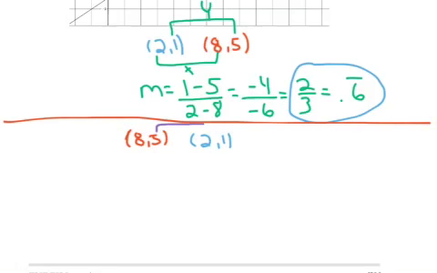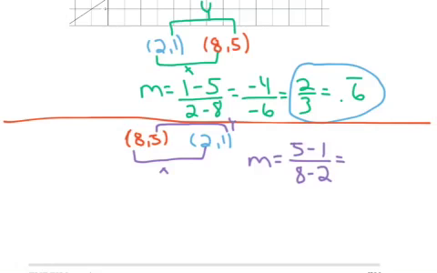If I subtract my y values, and those must always go in my numerator, I would have 5 minus 1, and my x values would be 8 minus 2. 5 minus 1 is 4, 8 minus 2 is 6. 4/6 reduces to 2/3, which in your calculator is 0.6.